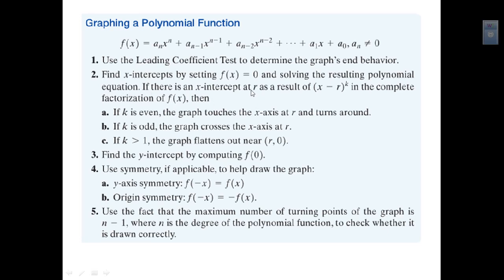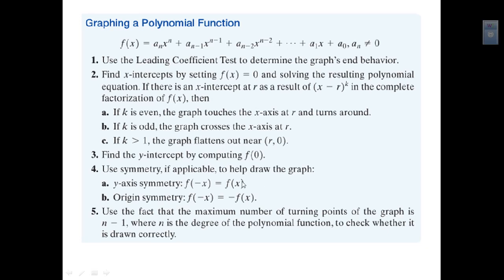If there's an x-intercept at r as a result of x minus r to the k power in the complete factorization of f of x, in other words, if we have a multiple 0 case here, if k is even, the graph touches the x-axis at r and turns around. That's the even multiplicity. And if k is odd, the graph crosses the x-axis at r. That's the odd multiplicity that we just looked at. And if k is greater than 1, then the graph is going to flatten out near that point.